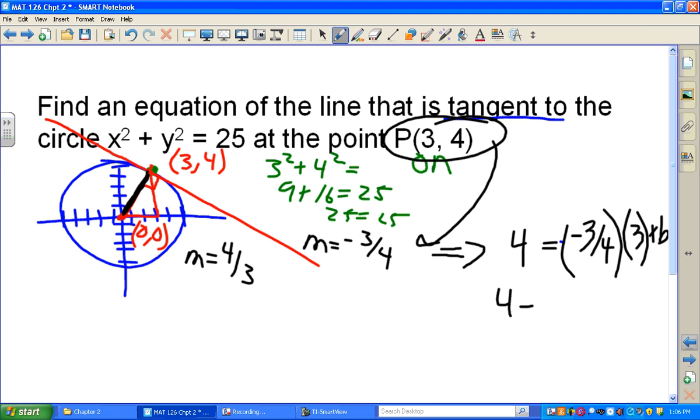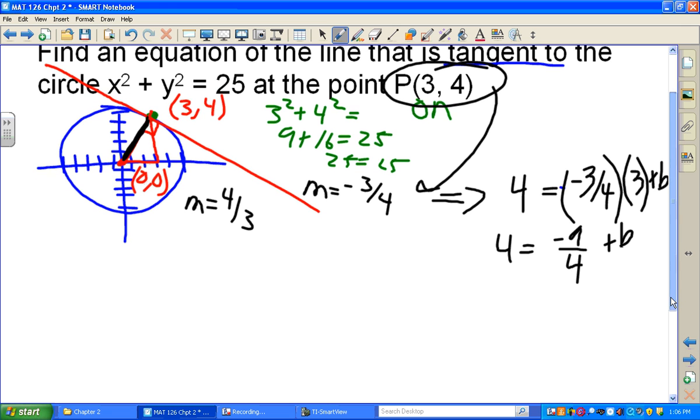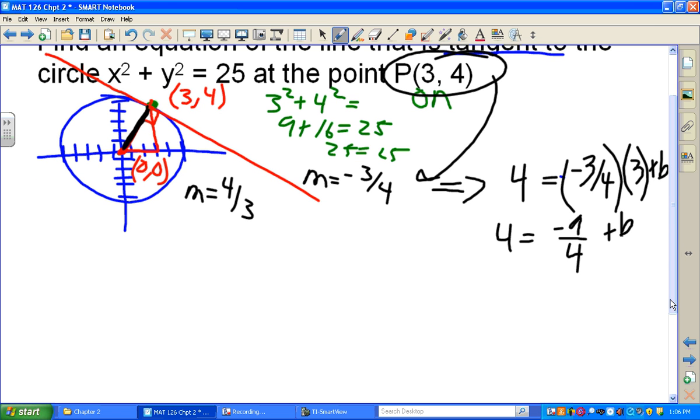So 4 equals negative 9/4 plus b. If I add it, you can't write b equals 4 9/4, can you? 9/4 is how many fourths? 2 1/4, isn't it? So 4 plus 2 1/4, yeah, 6 1/4 equals b.